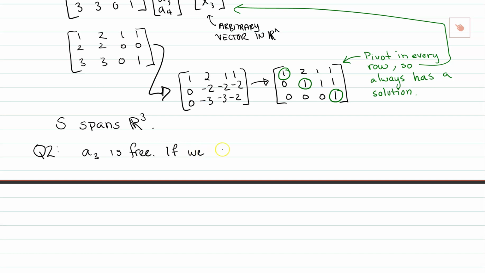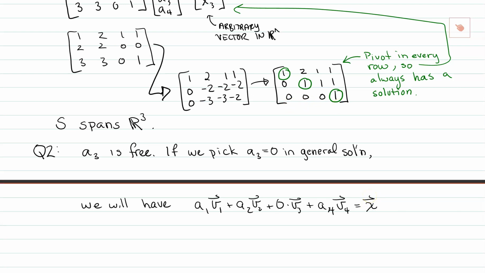So if we pick A3 to be 0 in the general solution, we'll get an expression for our x vector in terms of just vectors 1, 2, and 4. And since we'll be able to do that with every different vector x, we know that we don't actually need any contribution from V3 to write these things down. So in fact, this set S is not a minimal spanning set.